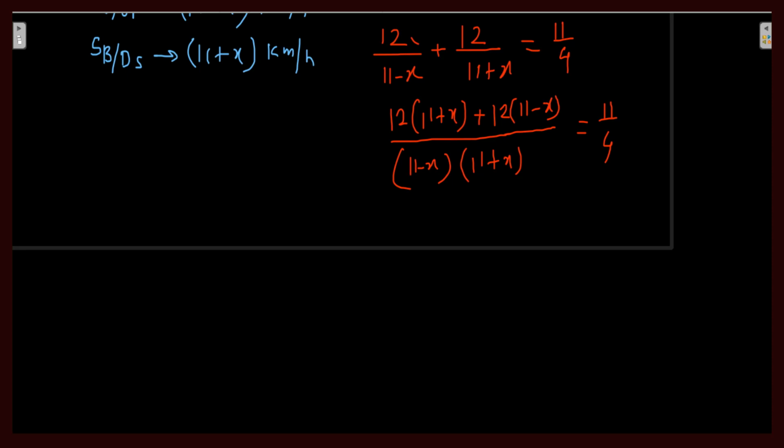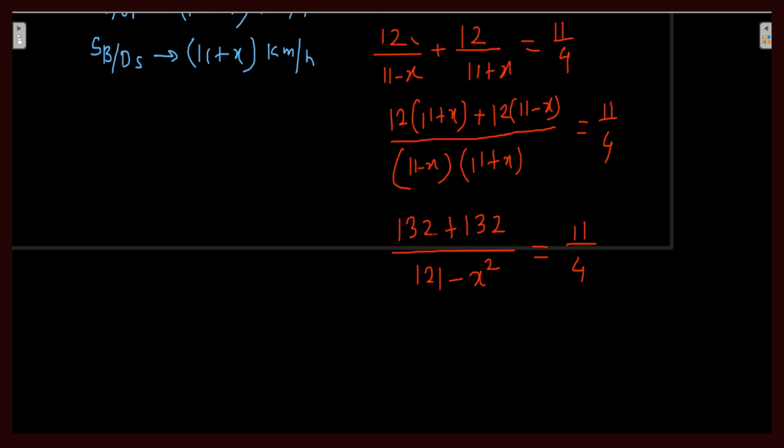So plus 12x and minus 12x will get cancelled, and it will be 12 into 11, that is 132, plus 12 into 11, that is 132, upon, this is a minus b, a plus b, that is a square minus b square. So a square will be 121 minus b square will be x square, which is equal to 11 by 4.